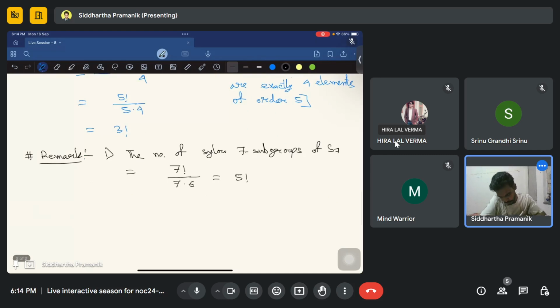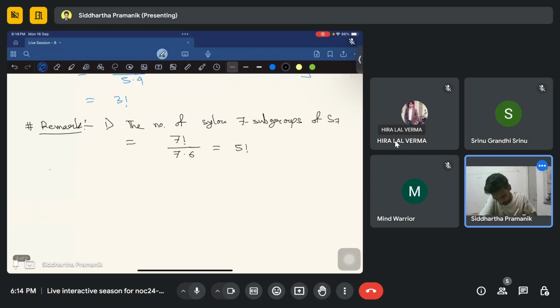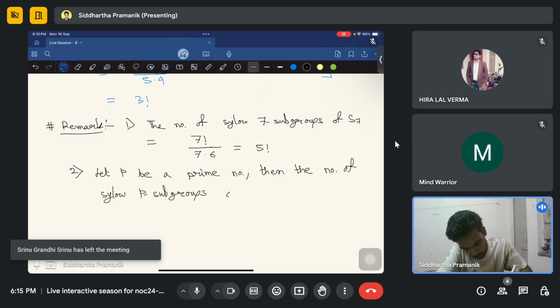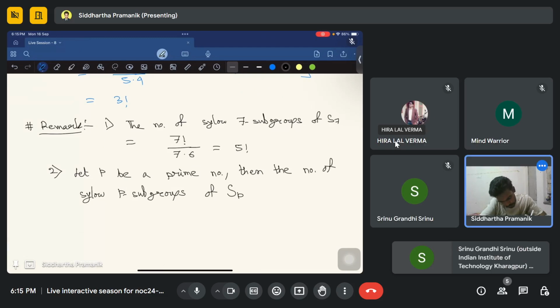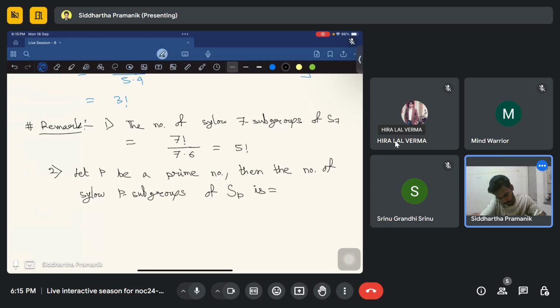So actually we can generalize it in this way. Let P be a prime number, then the number of Sylow P subgroups of SP is equal to (P minus 2) factorial.